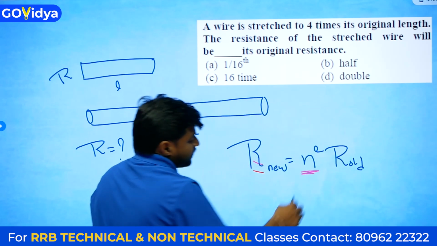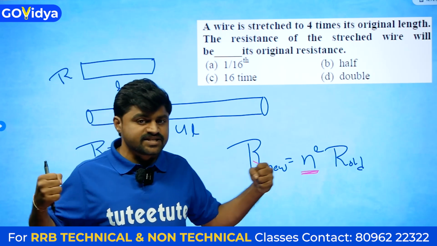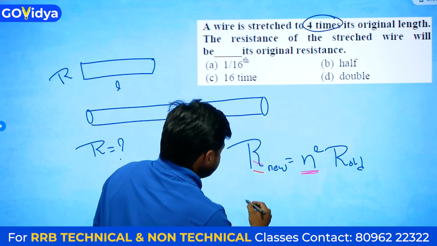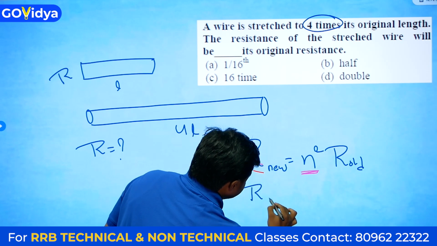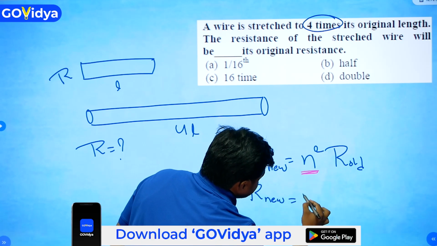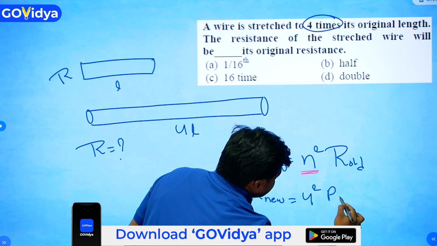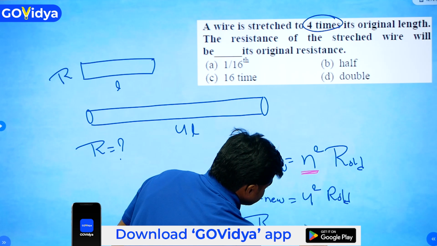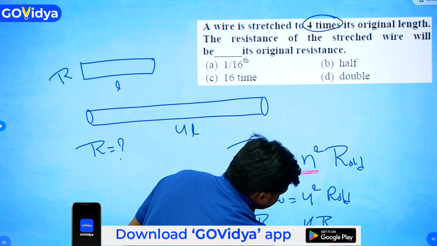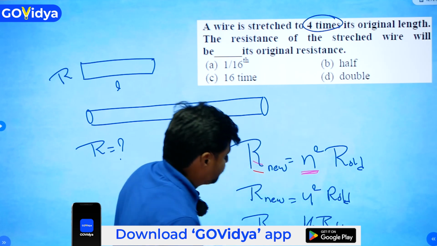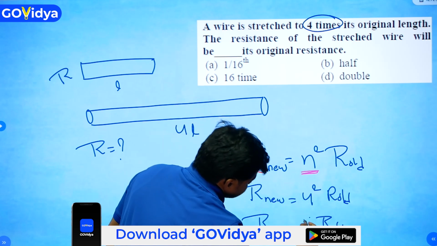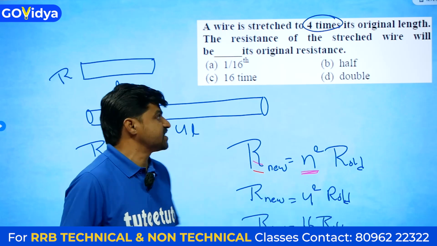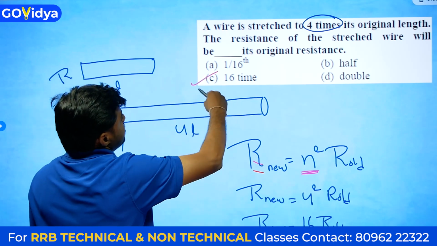Here n indicates how many times we have stretched the wire. Here n is equal to 4, since we stretched it 4 times the original length. R new is equal to n square, 4 square, into R old, which is 16 into R old. The new resistance is 16 times the old resistance. From the options, option C is the correct answer.